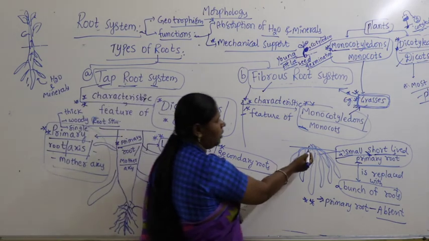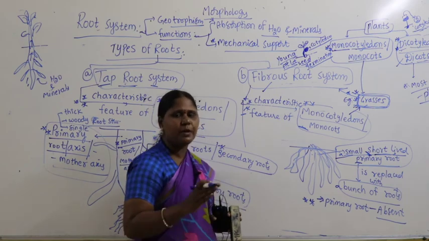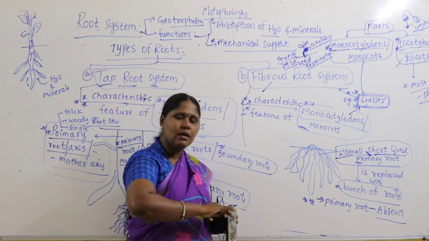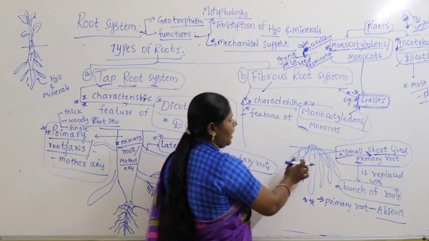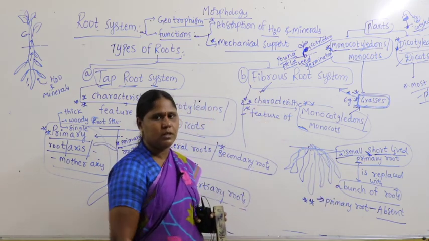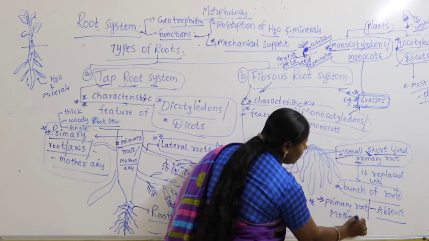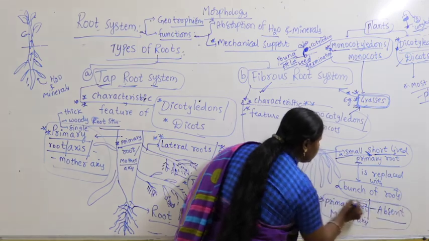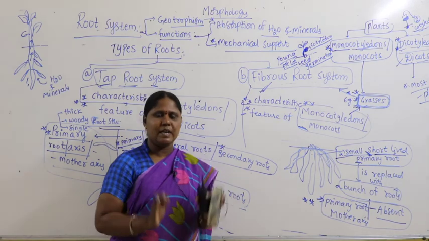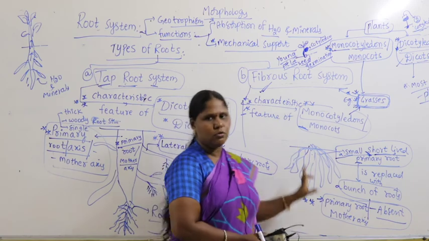What you find is a small primary root in the very early stages of formation. Later it completely disappears, replaced by a bunch of roots. That bunch of roots itself is called the fibrous root system. So the primary root or mother axis is totally absent in the fibrous root system. This is a very clear difference between a taproot system and a fibrous root system.